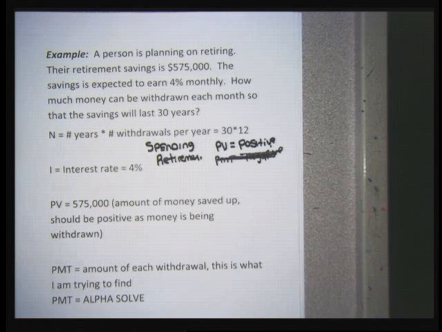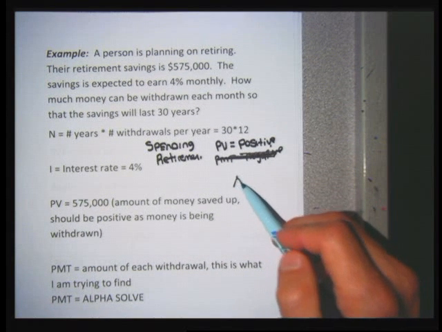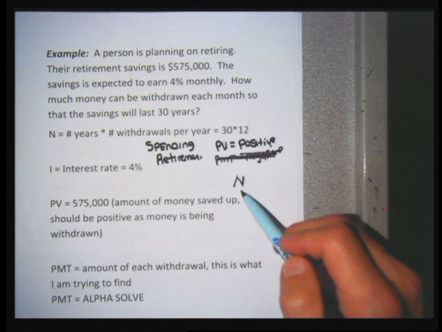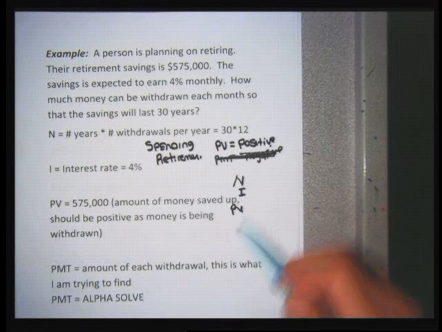But then this is going to run you out of money. So my goal here is this person has $575,000 saved up, and after the end of 30 years, all their money's going to be gone. It'd be nice to outlive your money, but if they don't, they'll hopefully have good kids to help out with the rest.